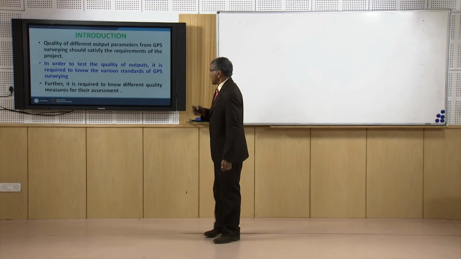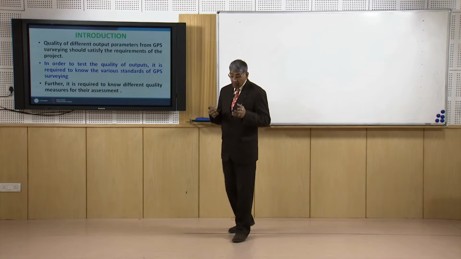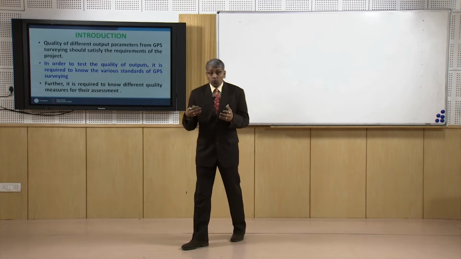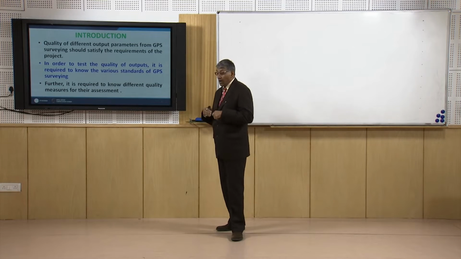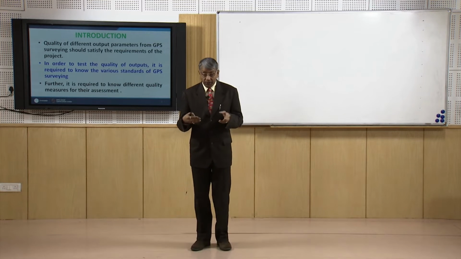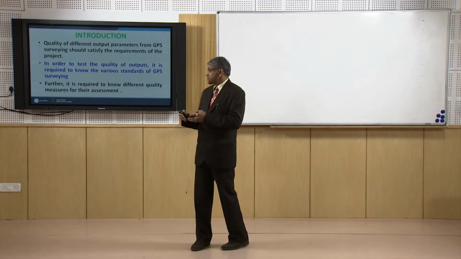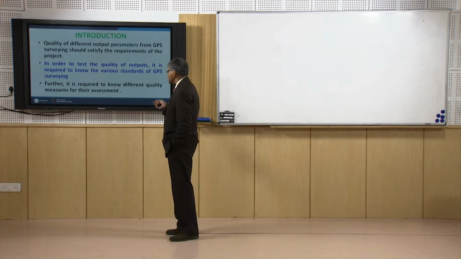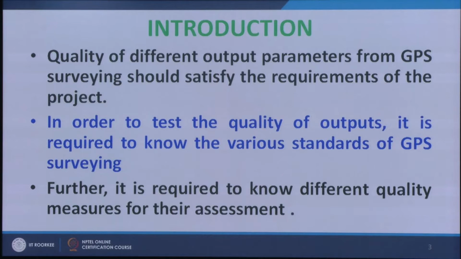Then once we take the observations, we need to test the quality of the output, whether it met the specification of the project, and to compare with the standards we need to have some measures.